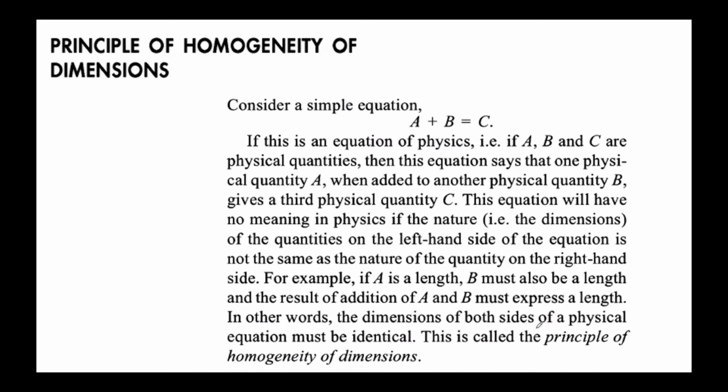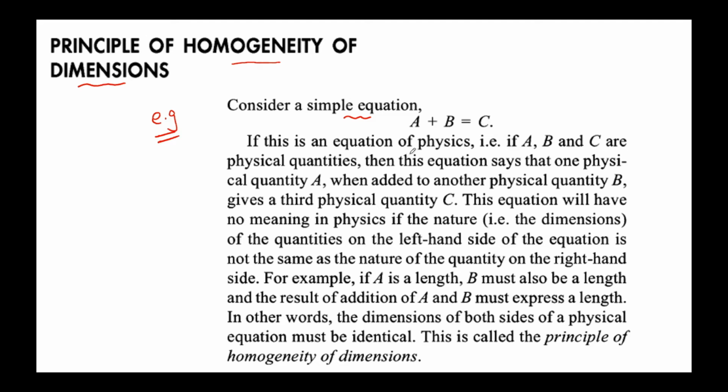So how can we use this method of dimensional analysis? Before doing some methods with the help of numerical problems, let us discuss the principle of homogeneity of dimensions. Now there is a beautiful example shown on your screen. Let us consider a simple equation a plus b equals c.